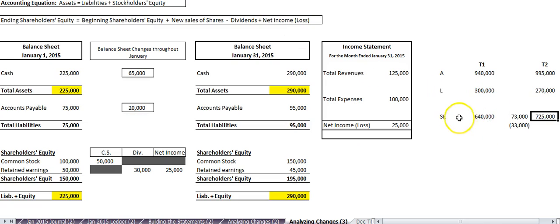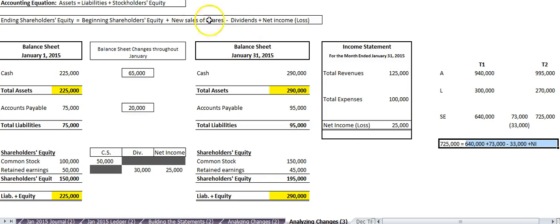So let's plug these numbers in. This is beginning shareholders' equity, this is ending shareholders' equity, this is common stock, and this is the dividends, right? And if I plug it in here, in this formula, we have ending shareholders' equity is 725, right? And then beginning shareholders' equity is 640.